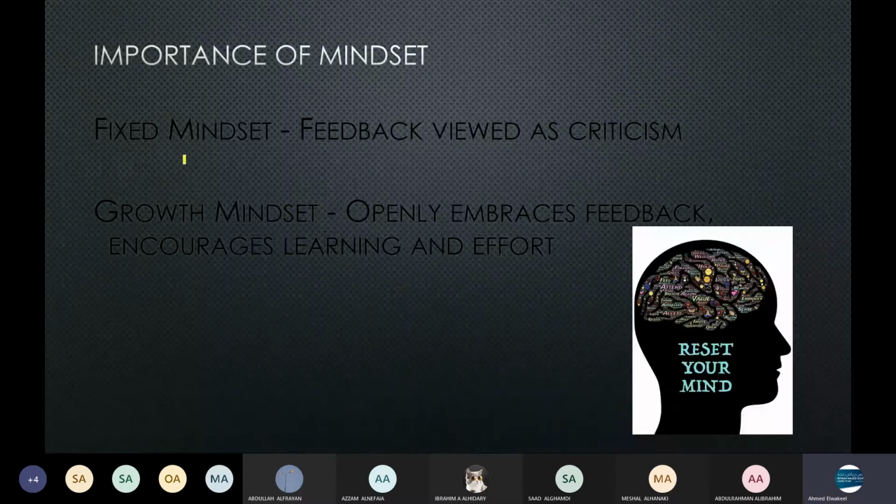So we need to fix our mindset first. We need to have feedback, okay? And also we need to adapt and develop our own brain. So the growth mindset often embraces feedback, encourages learning, and also effort.